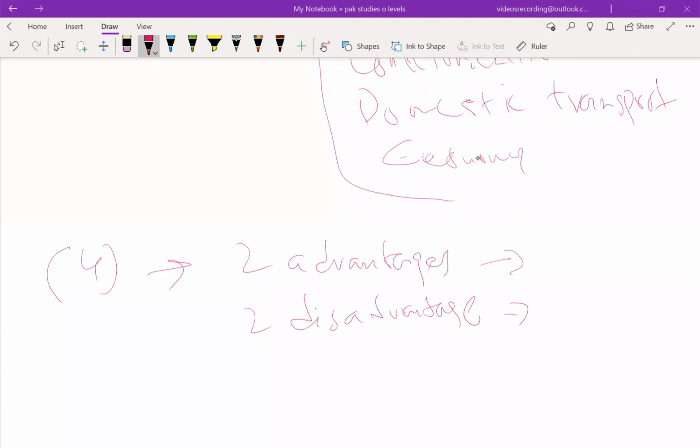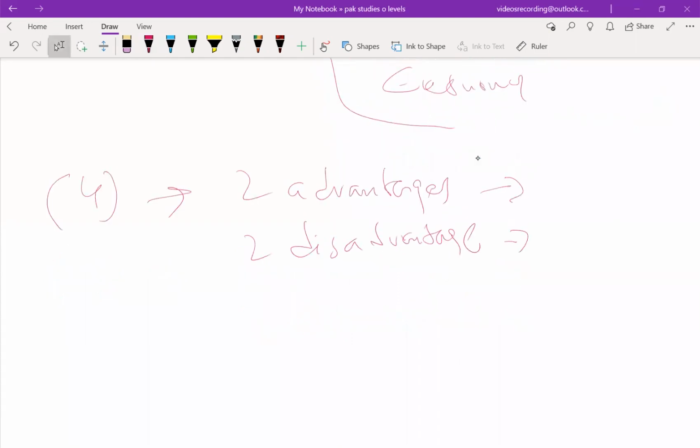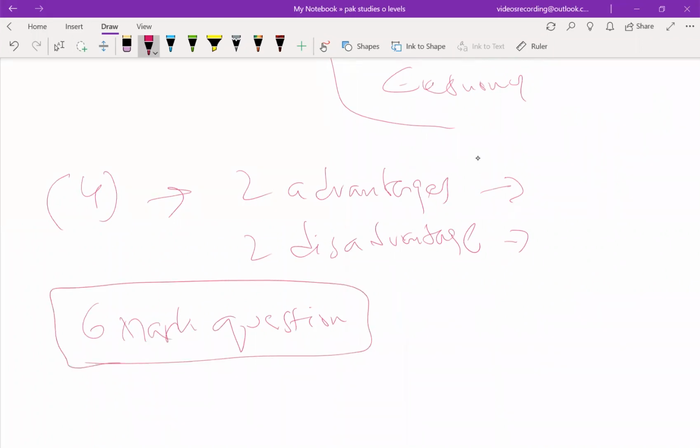Okay, now again, the same theory is devised for a 6 mark question. A 6 mark question is usually a lot more detailed.